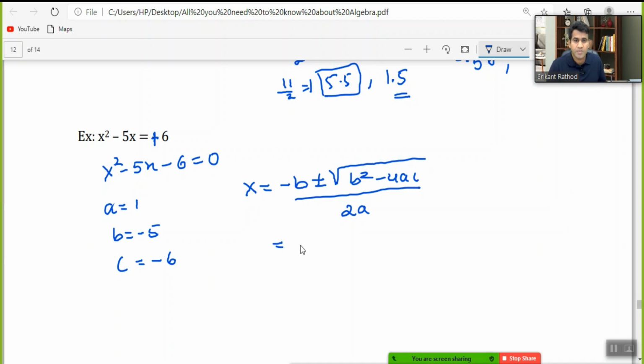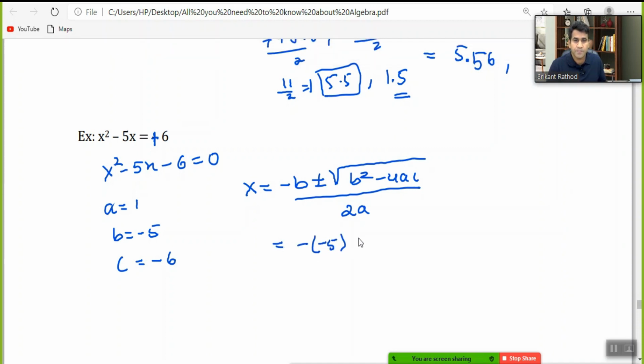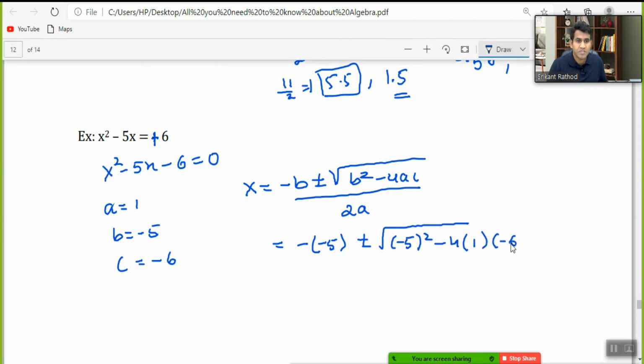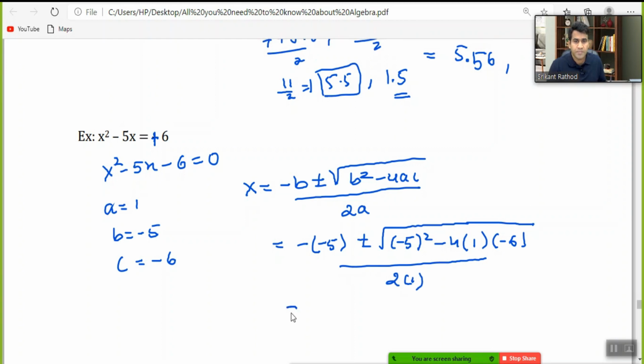Substitute the values: minus of minus 5 plus or minus square root of minus 5 square minus 4 times a, the value of a is 1, the value of c is negative 6, all divided by 2 into 1.